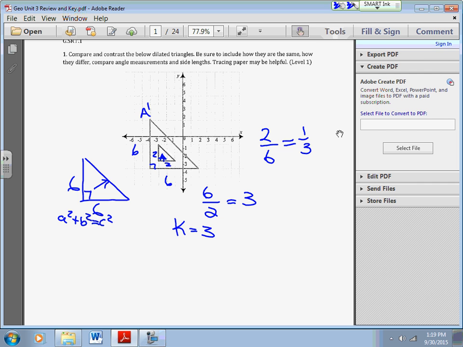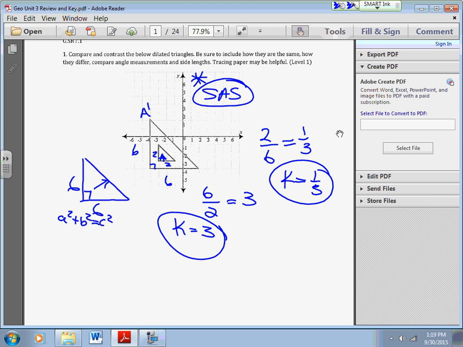That's something you're going to do on the test a lot. We're going to go through that a couple times, so make sure you ask questions, okay? Does everybody understand that the scale factor determines if it's an enlargement or a reduction? This one, K equals 3, would make that dilation an enlargement or a reduction? Enlargement. This one is an enlargement, okay?